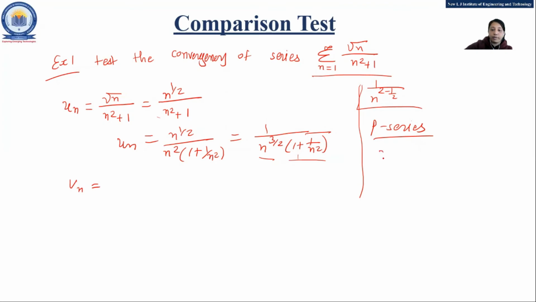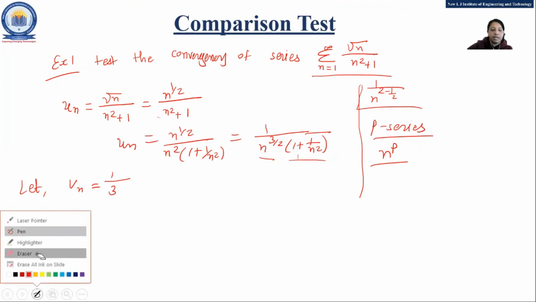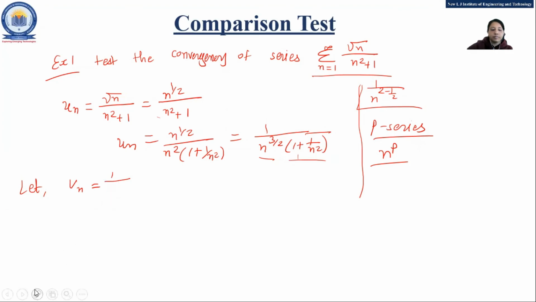The format for the P series is n raised to P. Here we have 3 by 2, so let us assume vn is 1 upon n raised to 3 by 2.